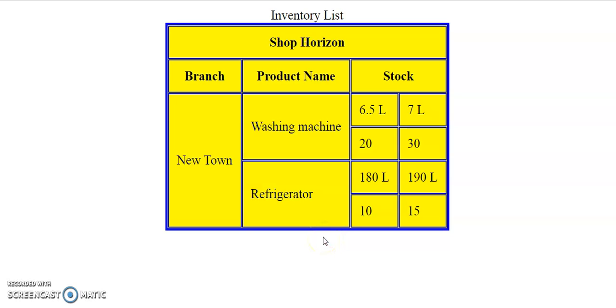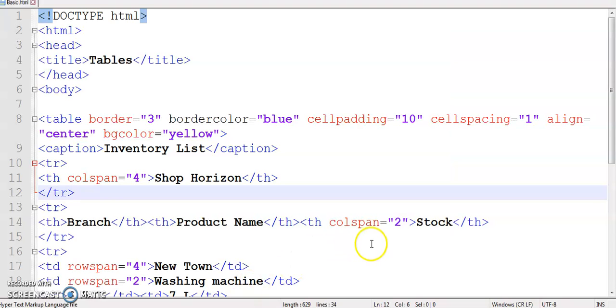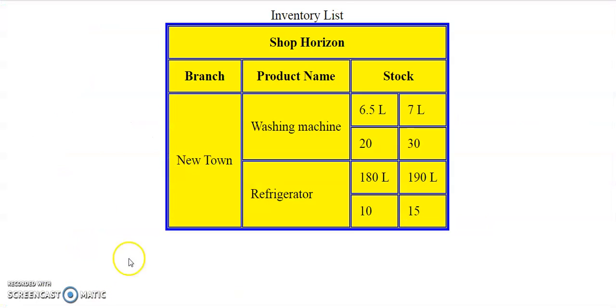You can also use this bgcolor attribute on th or td. Whenever you use the bgcolor attribute on th, td or tr, the value of this bgcolor will override the value of the bgcolor applied in table. So let's say the heading, the topmost row, I'm going to change its color.